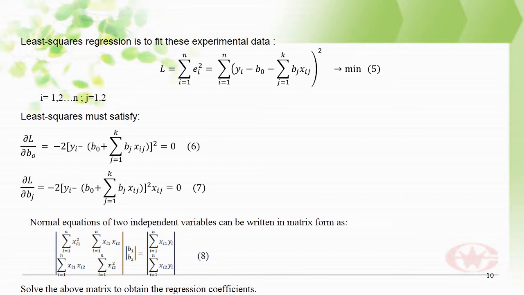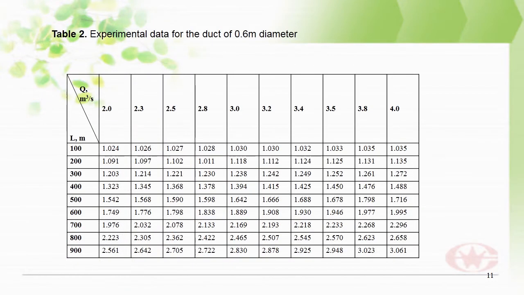The normal equations of two independent variables can be written in matrix form and solved by matrix inversion to obtain the regression coefficients. Experimental data for the duct of 0.6 meter diameter are shown in Table 2.